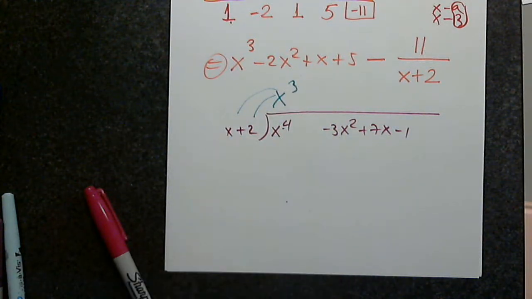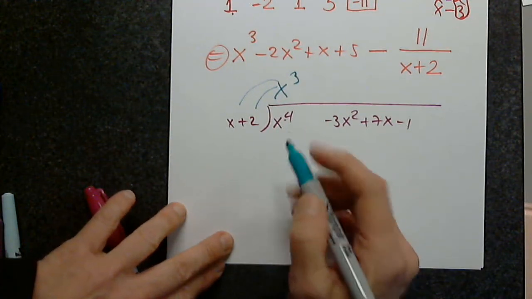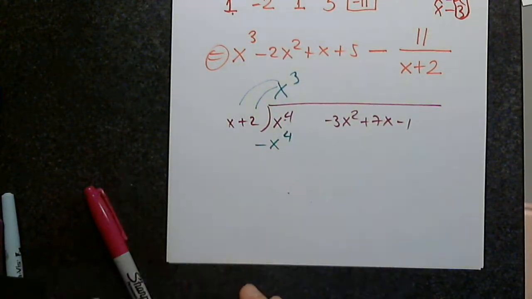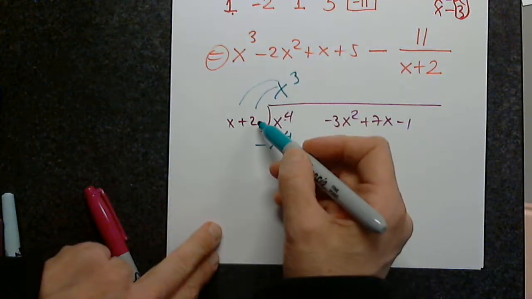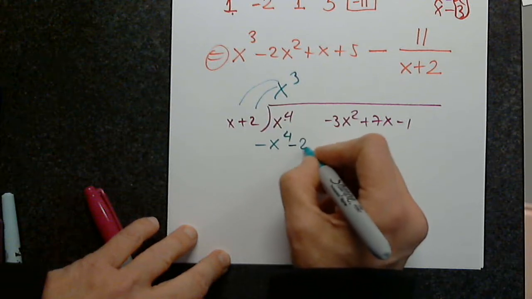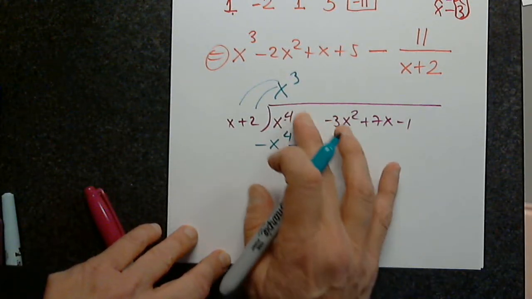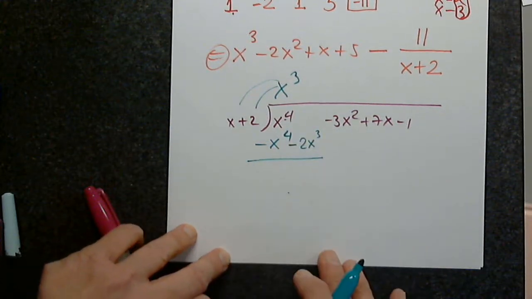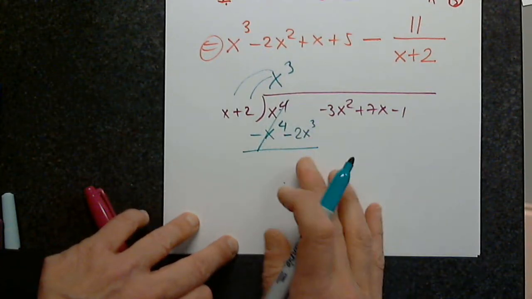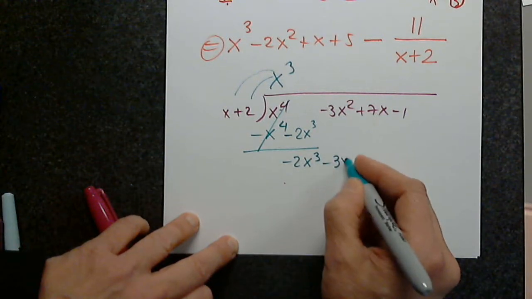So x cubed times x, but I have to change the sign. x cubed times 2 is 2x cubed, but I have to change the sign, and there is no like term with x cubed. That's why I have to write it under the empty space. Gone. Bring down the next in line.